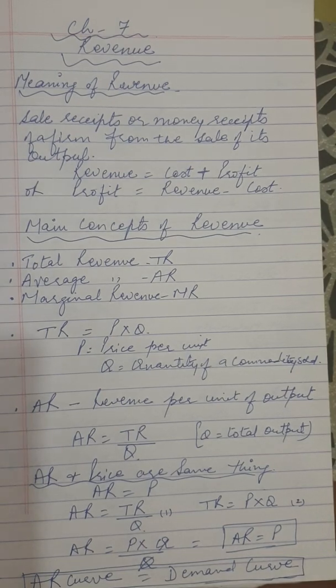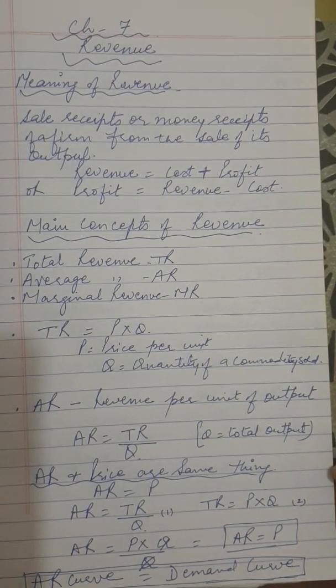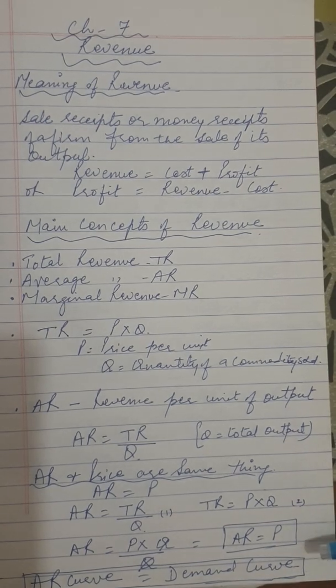Another concept is that the average revenue curve of a particular firm is also known as the demand curve of a firm. Average revenue from a seller's point of view is the price which they are going to charge from the buyer or have got from the buyer. Same way, the demand curve shows that at different prices, how much the firm has sold or how much the consumers have demanded from that firm.